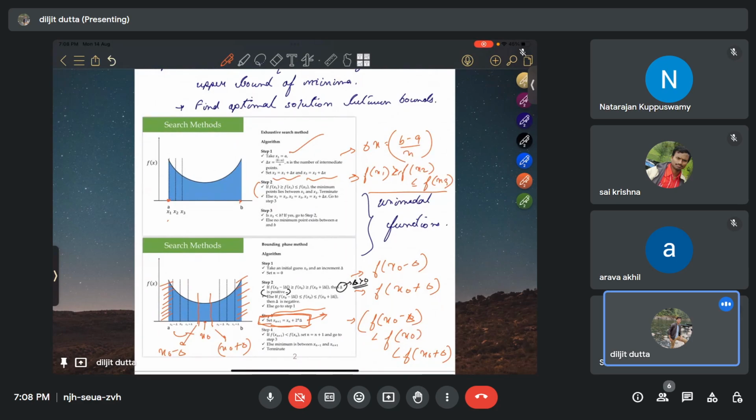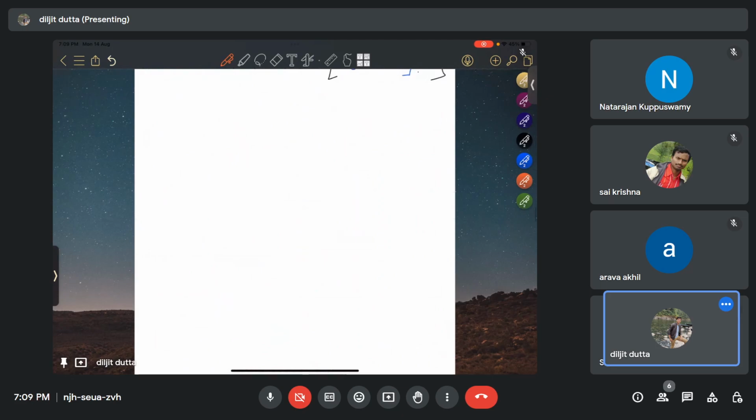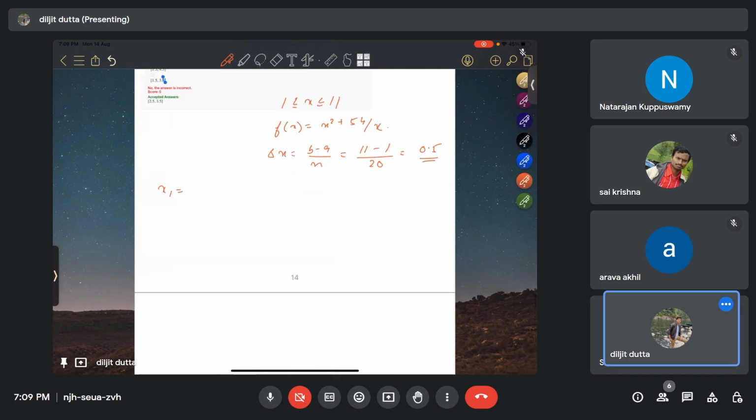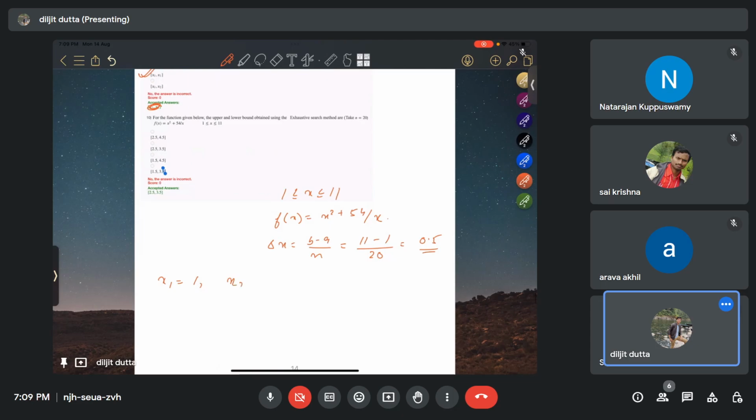We take x2 is equal to x1 plus delta x, and x3 is equal to x2 plus delta x, and after that we eliminate regions where the optimum doesn't lie. So x1 will be equal to 1, x2 will be equal to 1.5, and x3 is equal to 2.